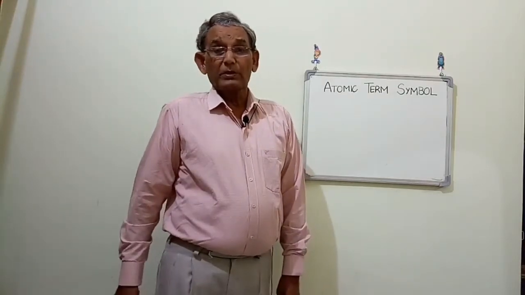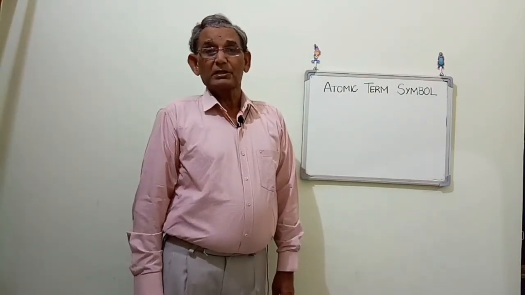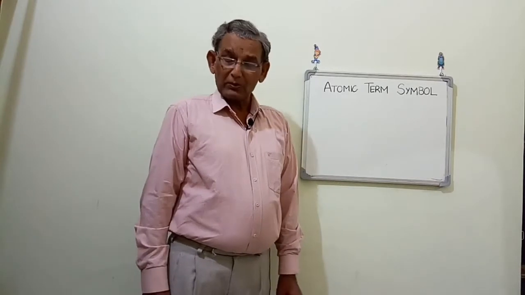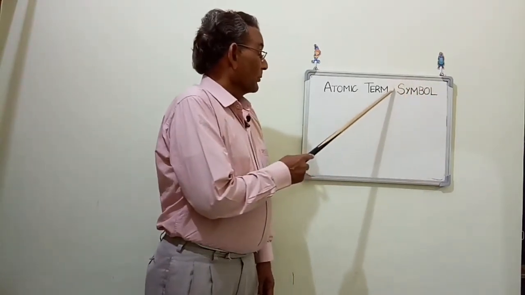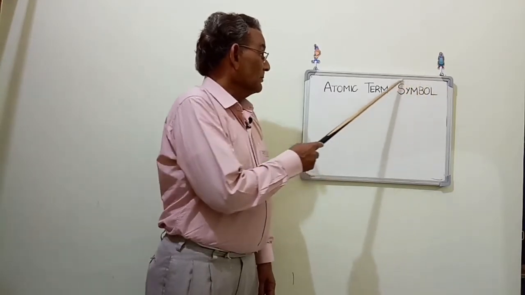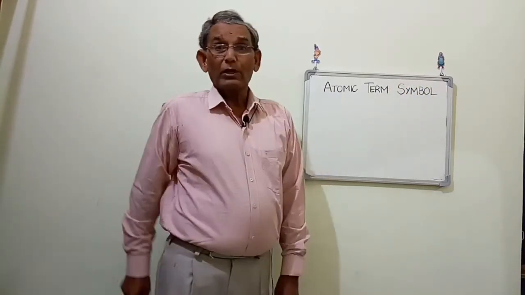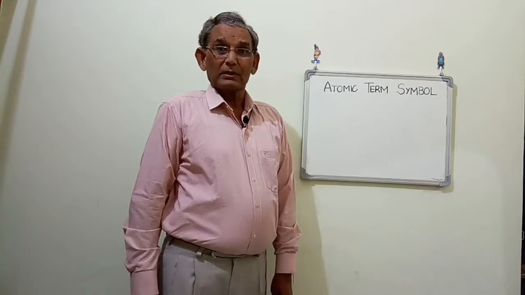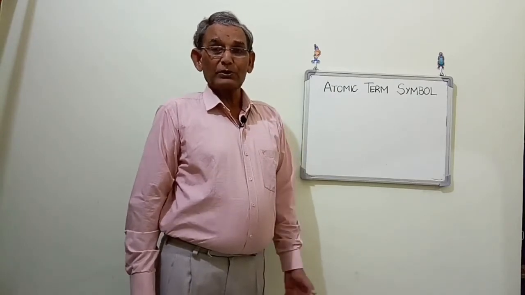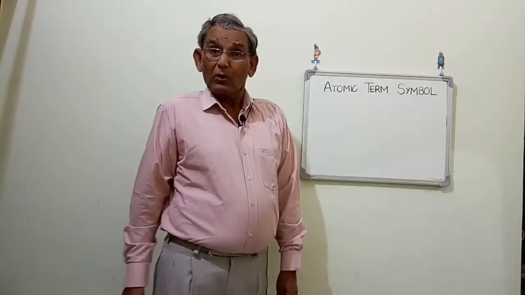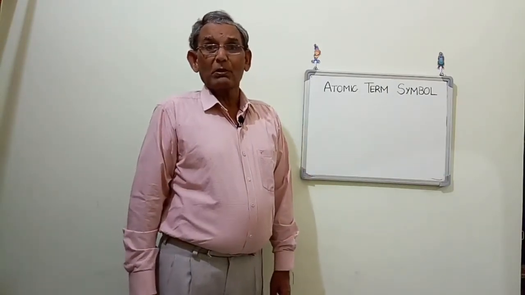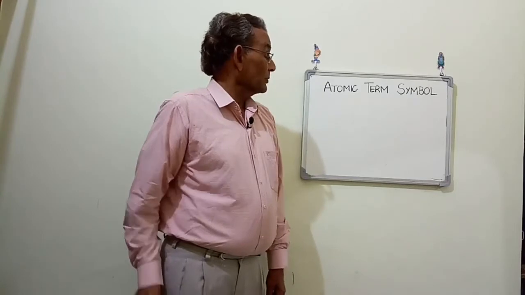This topic is very important in chemistry, especially in spectroscopy. We know the symbols in chemistry for elements or atoms, such as for hydrogen or oxygen, etc. But these symbols cannot give us more information about the spectroscopy.